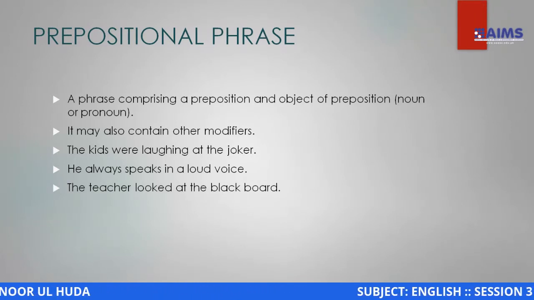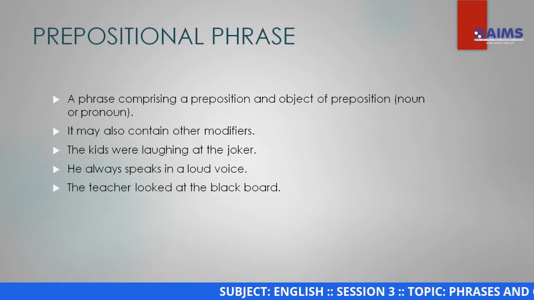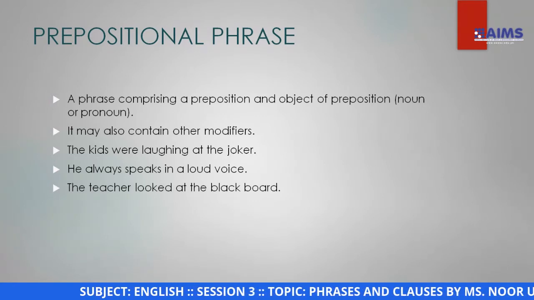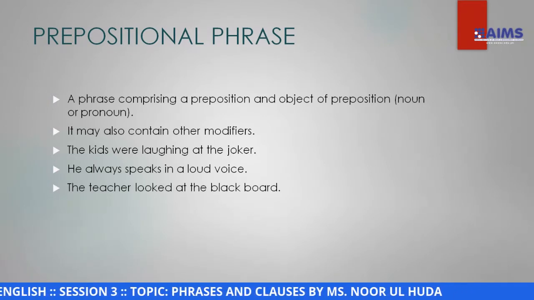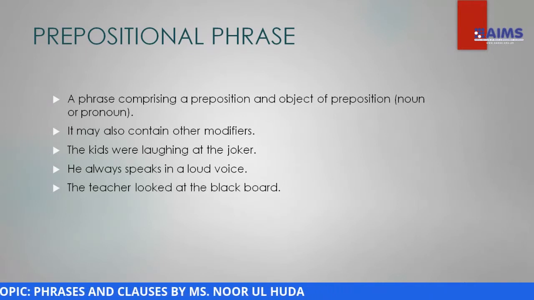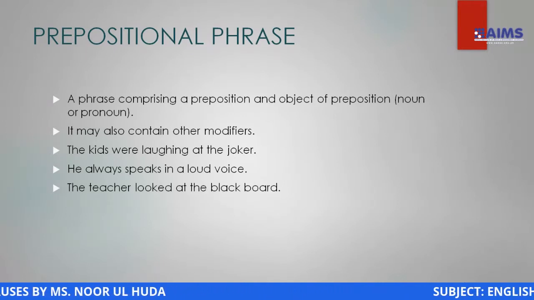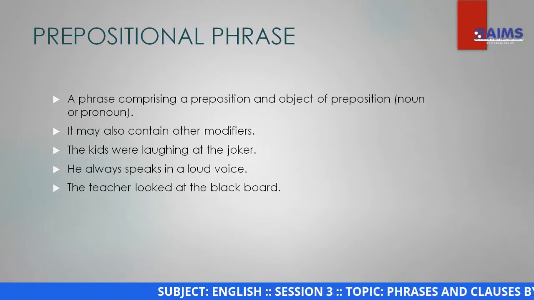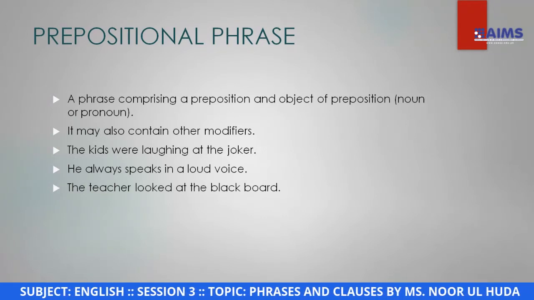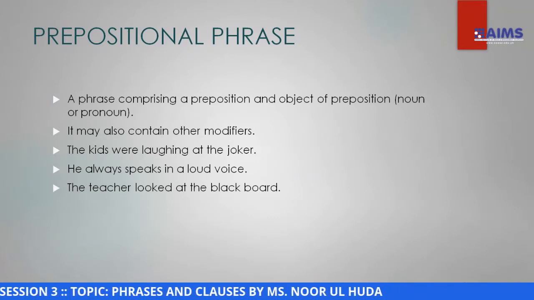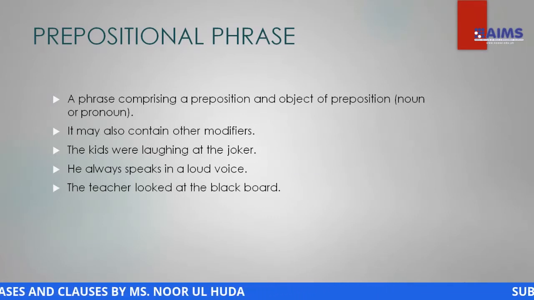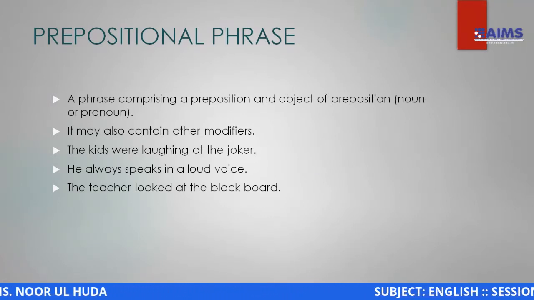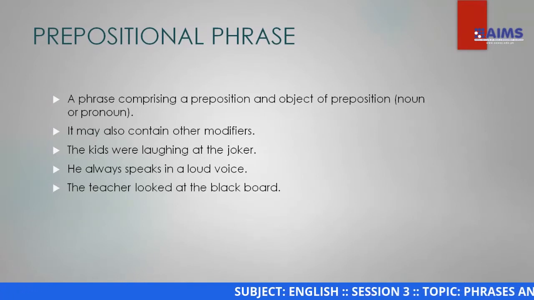Another example is, he always speaks in a loud voice. We could have said that he always speaks loudly, but instead we are saying he always speaks in a loud voice. This phrase starts with the preposition in. That is why it is called a prepositional phrase.